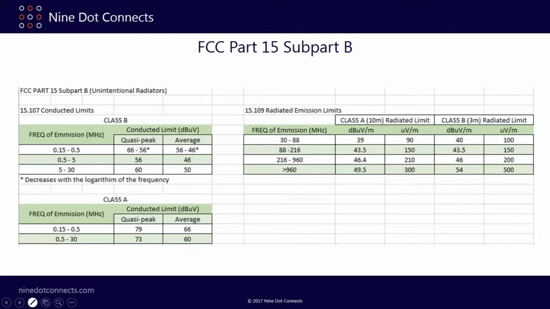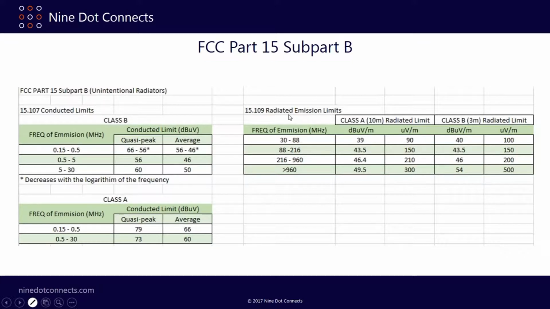And what you'll see now is a table. If you notice on the left-hand side, Part 15, Section 107 talks about the conducted limits based upon the classification of your product, whether it be B or A. Notice that the conducted limits are limited to an upper frequency of 30 megahertz.